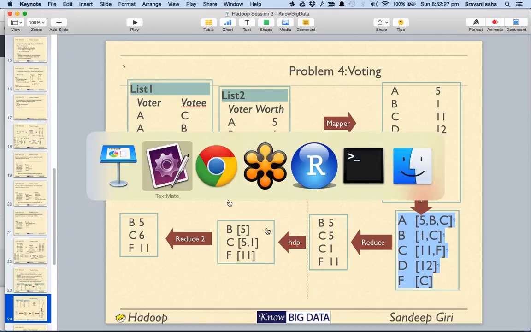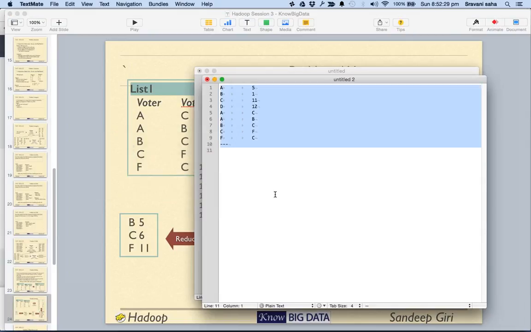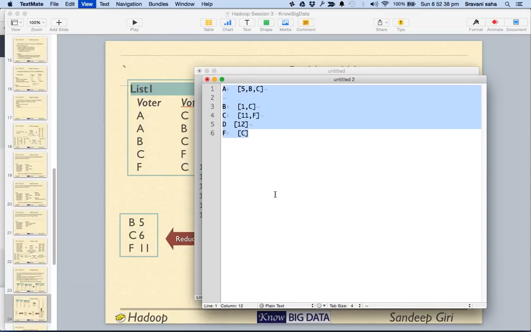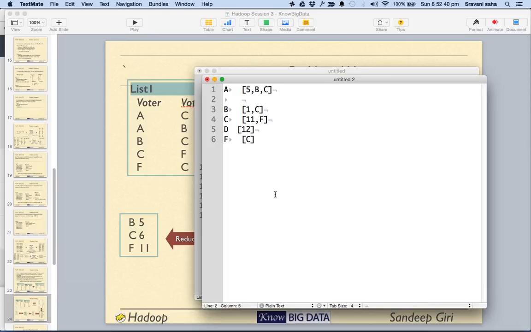So all your program needs to do is the reducer code. The code will get one line at a time, key and value at a time, and all it has to do is convert this. So this will be the key that the reducer receives.